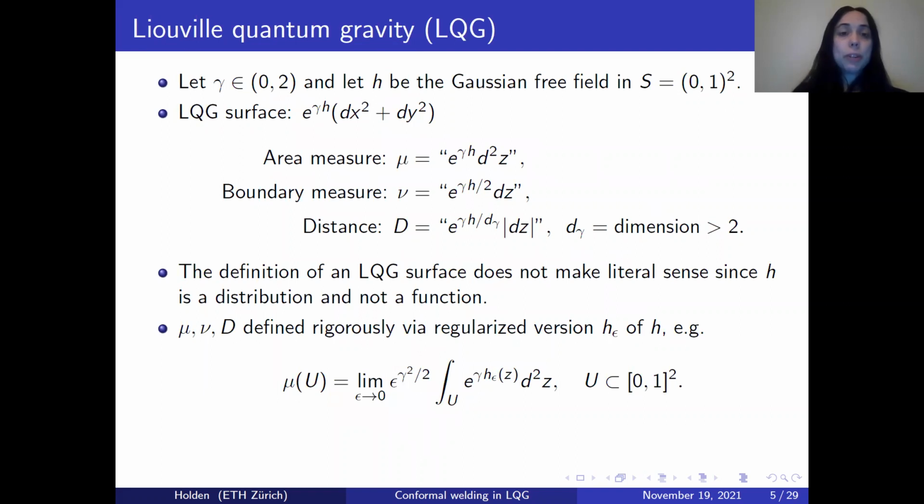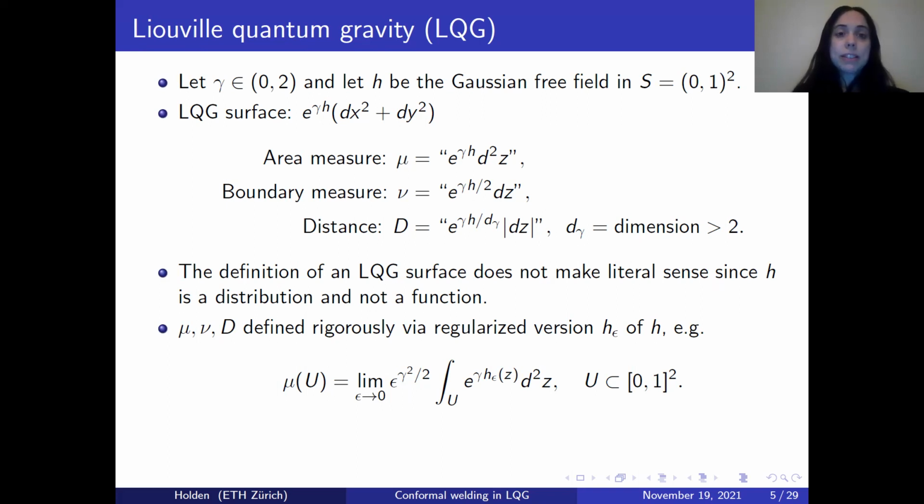Okay, so to define Liouville quantum gravity, we'll let gamma be a parameter between 0 and 2, and we'll let h be a Gaussian free field in some domain in the complex plane, for example, the unit square. A Liouville quantum gravity surface can be heuristically defined as the surface for which the metric is given by the standard Euclidean metric times e to the power gamma h.